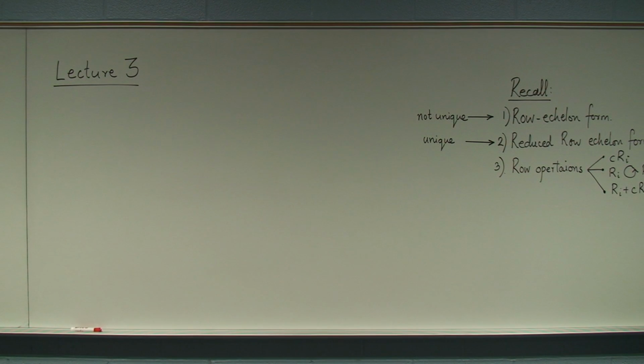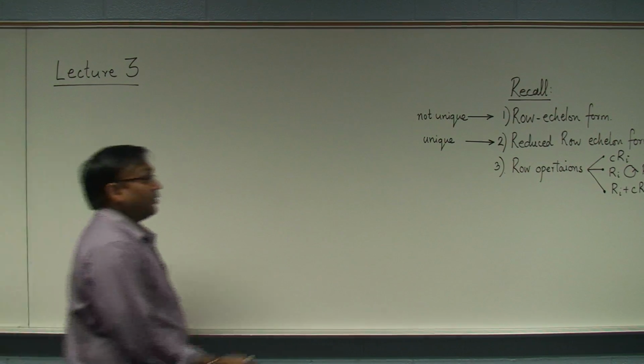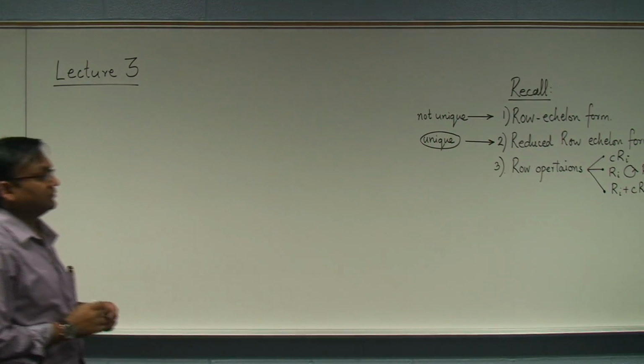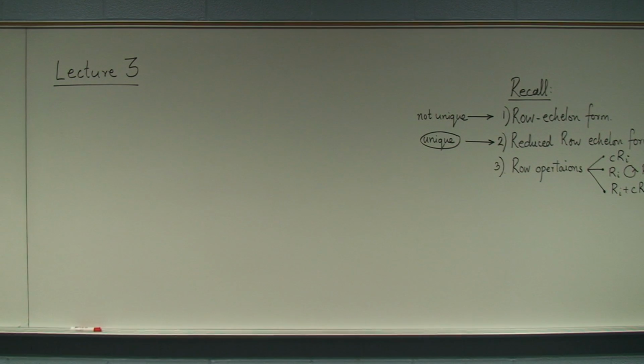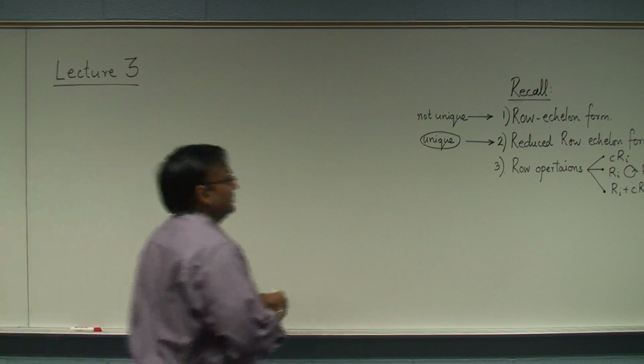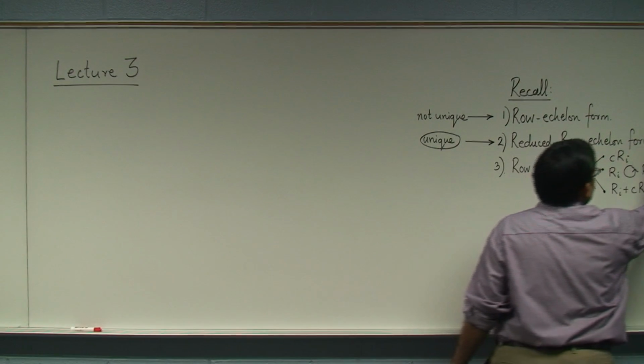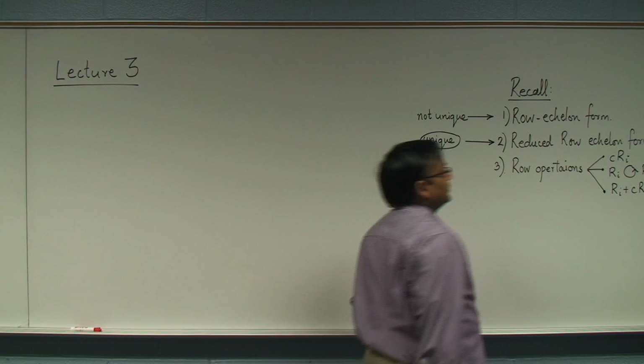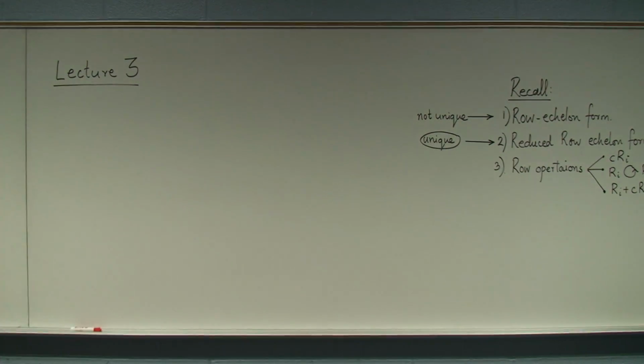So in some sense, the importance of reduced row echelon form also lies in the fact that it is the only form for a given matrix, so that anybody who does reduced row echelon form should end up getting the same matrix. One more thing I had done last time, so let me recall that for you. I'll use this abbreviation RREF to refer to the reduced row echelon form.